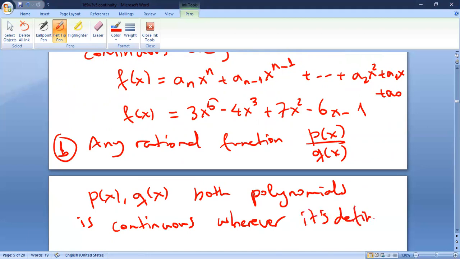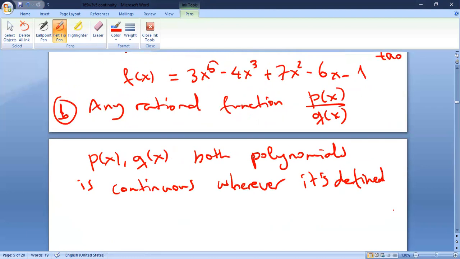That means it will be defined whenever q is non-zero. So q of x, whenever this is non-zero, it's going to be defined. So it's going to be continuous everywhere when q is non-zero.